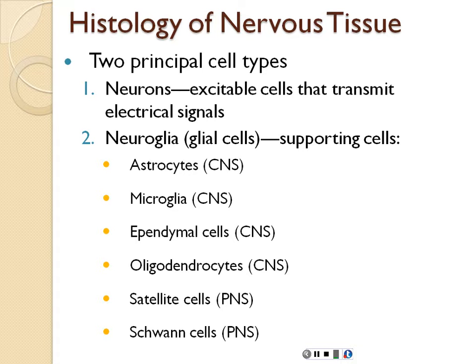And there are 6 types of neuroglia: astrocytes, microglial, ependymal cells, oligodendrocytes, satellite cells, and Schwann cells. So notice there are 6 types of neuroglial cells, and 4 of them are found only in the CNS. Okay, so 4 of these types of glial cells are found only in the CNS. The other 2 are found only in the PNS.